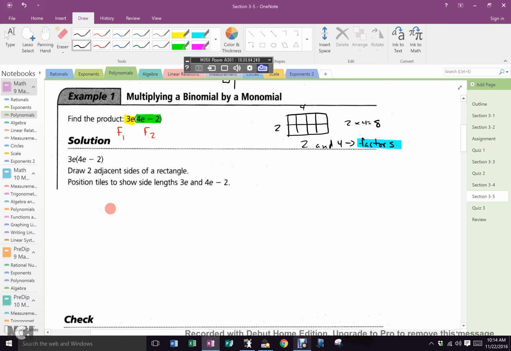How do I draw it? 3 bars. Are they colored or not? No. What's the other side of the rectangle? 4e. Colored or not? Not. And what else? How do I draw negative 2? 2 little guys. Colored, right?